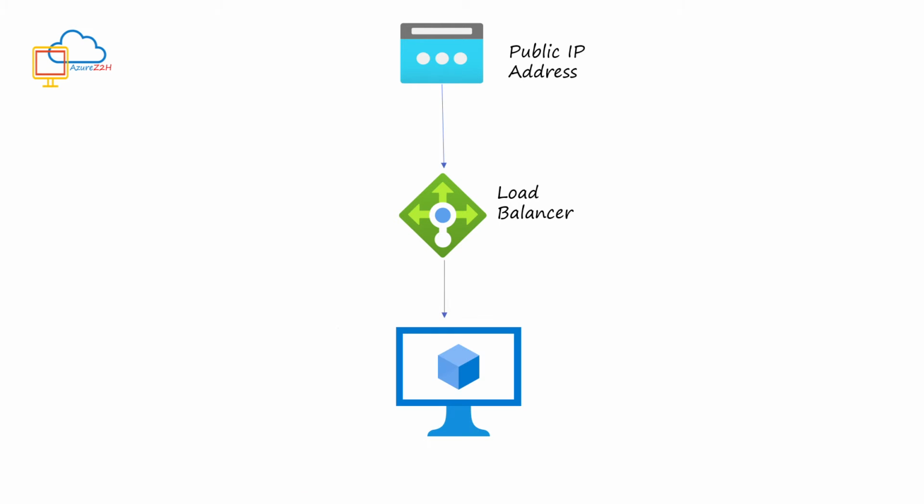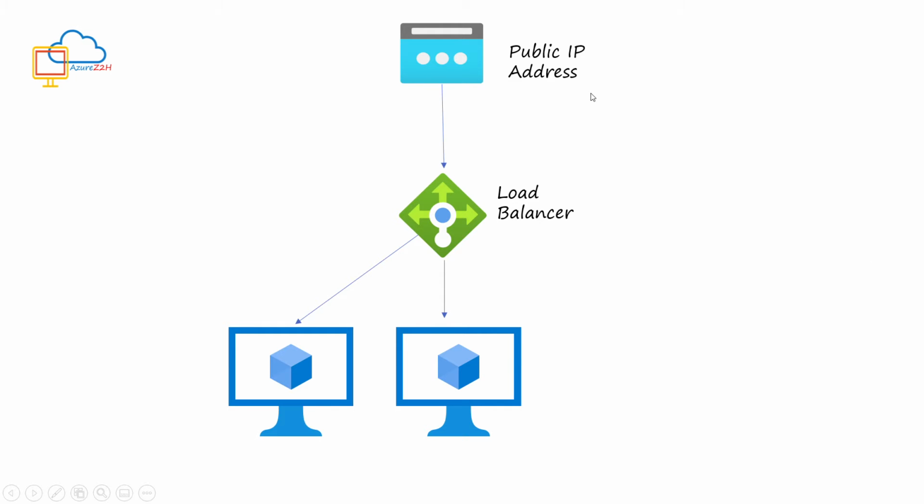So how does load balancer work? Let's see this with a simple example. Same old scenario where web traffic is reaching your public IP address. Then you add load balancer, or you add the public IP in the front end endpoint of load balancer. And then you have maybe two machines configured in this load balancer running the same workloads or hosting the same web front end site.